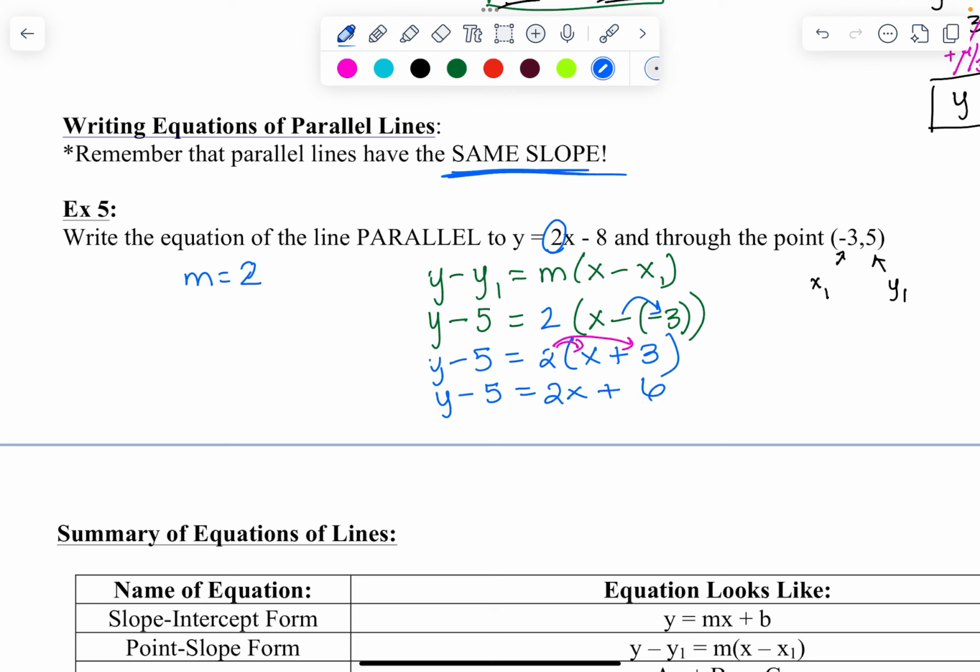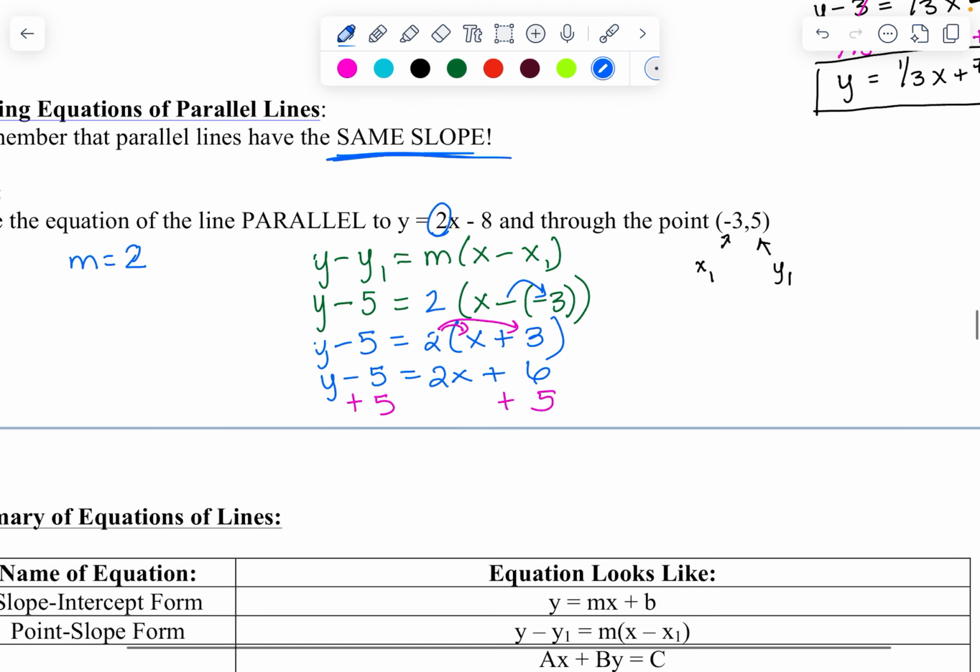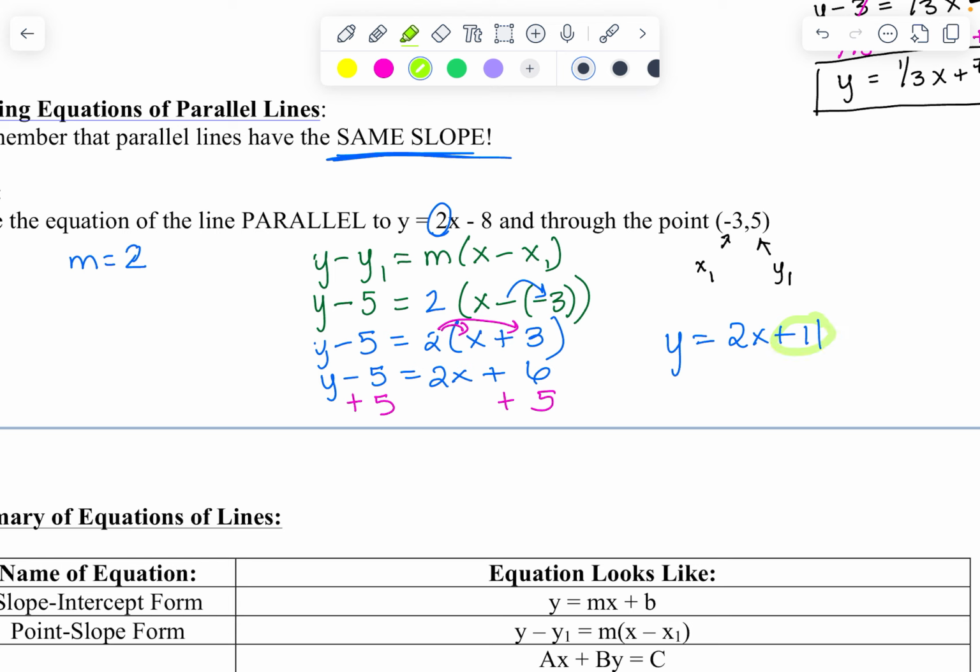Add 5 to both sides. And now you have your line that is parallel to your given. Y equals 2x plus 11. Your y-intercepts will be different, of course, right? But your slope, 2 and 2, should be the same for parallel lines.